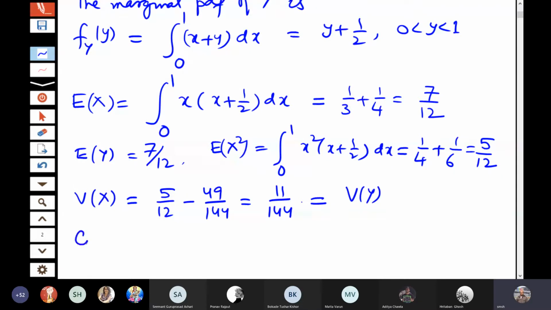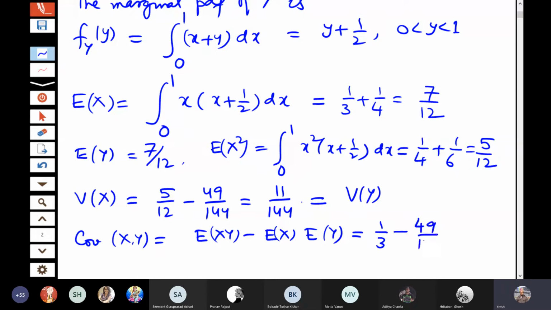So now let us calculate the covariance between x and y, that is expectation of xy minus expectation of x into expectation of y. So that is 1 by 3 minus 49 by 144, that is minus 1 by 144.